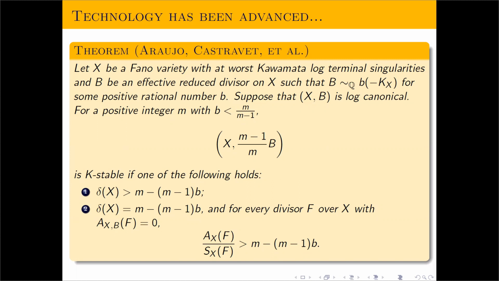If this condition is satisfied, then this is K-stable. So there is one condition, proportional to the anti-canonical divisor, and some numerical conditions like this.